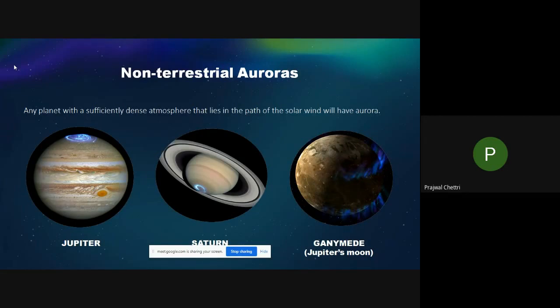Okay, so let me just ask you one question. You have said that the charged particles coming out from the sun interact with the magnetosphere or the atmosphere of the earth along with the magnetic field and produce this color or spectrum of colors, right? So what are those gas molecules which are mainly responsible for producing this color in the atmosphere?